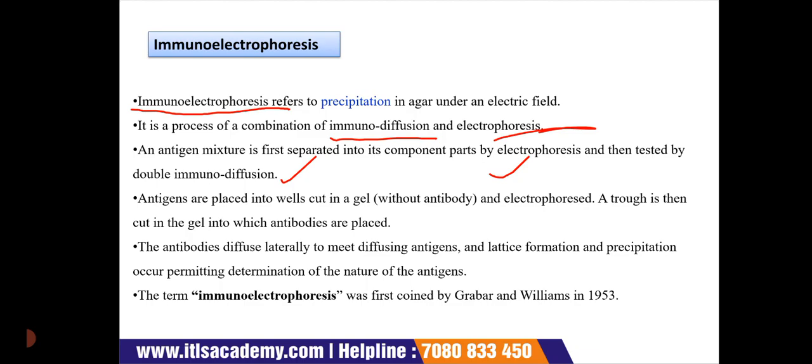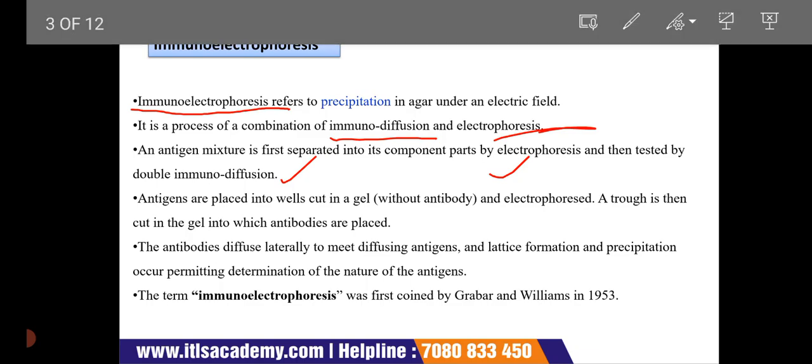Instead of writing the whole paragraph on immunoelectrophoresis, you just write what I am writing on the blank sheet.